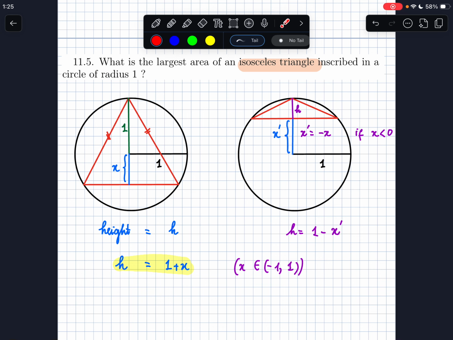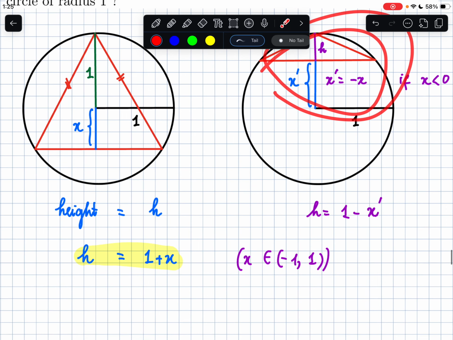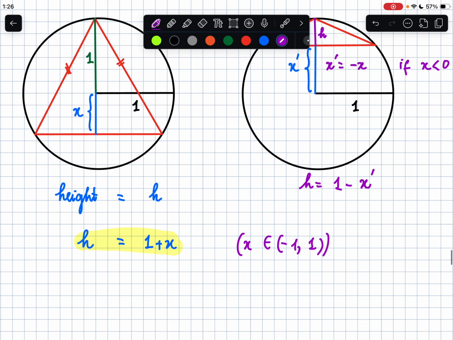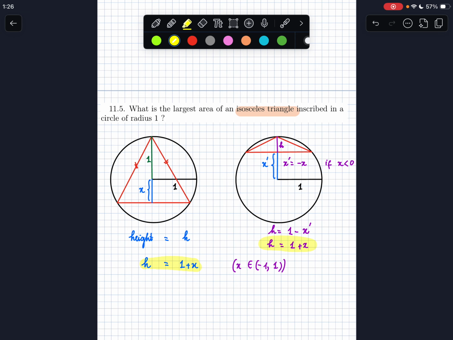So when it is negative, this covers this case. So h here is 1 minus x prime, and 1 minus x prime equal to minus x, which will make 1 plus x. So either way, the height of the triangle is 1 plus x, x between minus 1 and 1. So that's the setup.